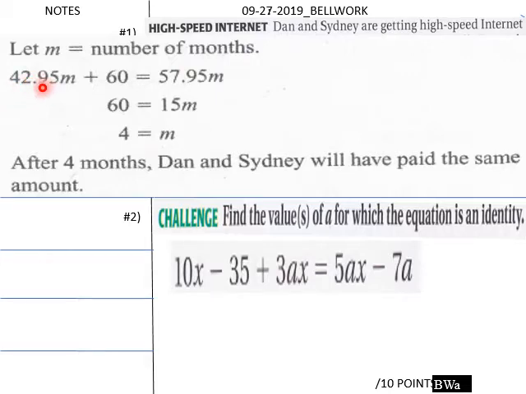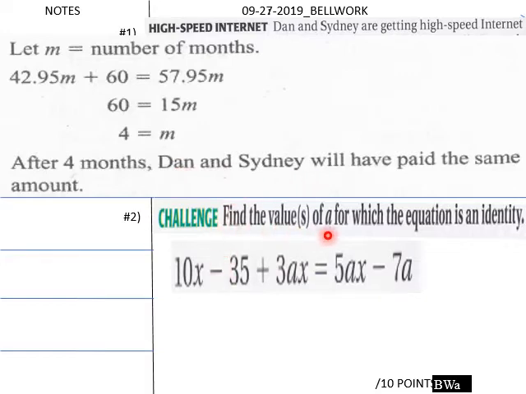We have Dan and Sydney's plans on opposite sides of the equal sign: $42.95 per month plus $60 equals $57.95 per month, and we solve for M. We move our $42.95 M over, and we have 15M equals 60. Solve for M, and we have M equals 4. So after 4 months, Dan and Sydney will have paid the same amount.